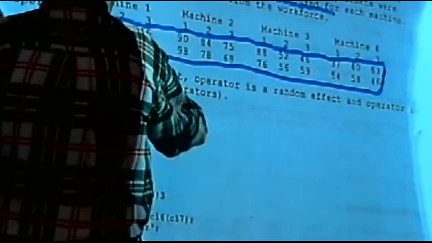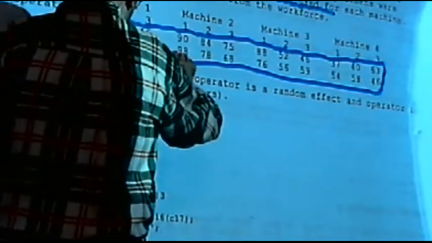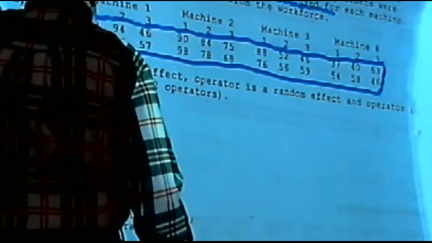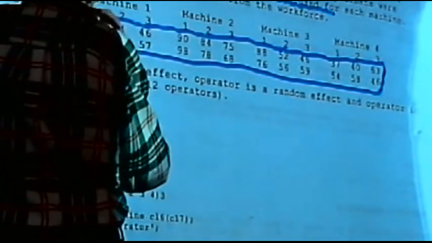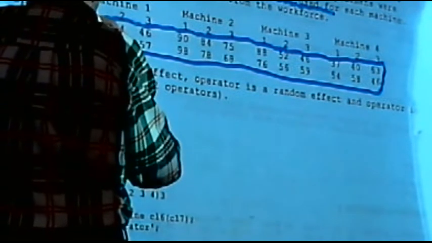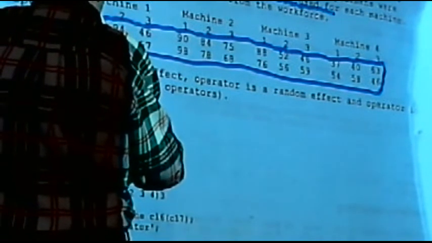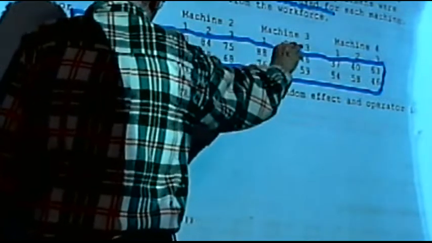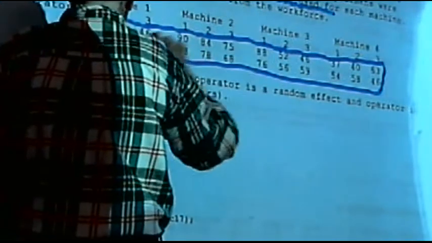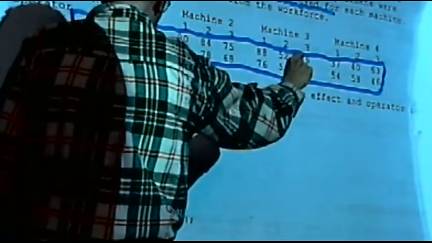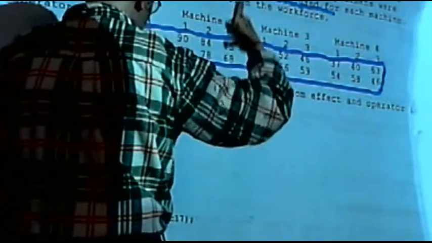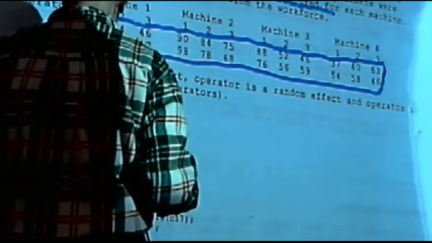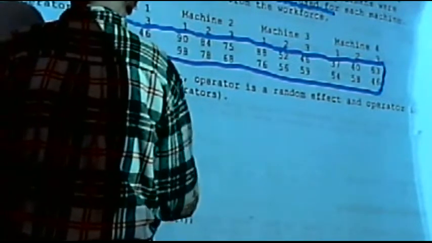And C14 should contain as a column those numbers in the second row there. Then I'm going to stack C13 on top of C14 and store the answer in C15. So that's going to basically take these numbers that are in that row and put them on top of the numbers that are in this row, which is going to give me finally a column which contains 12 and 12, so 24 numbers in it, and that'll be in C15.